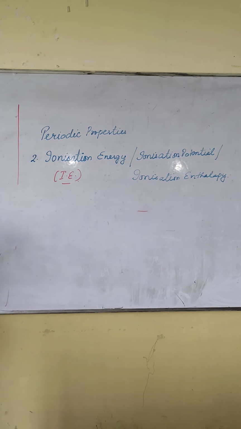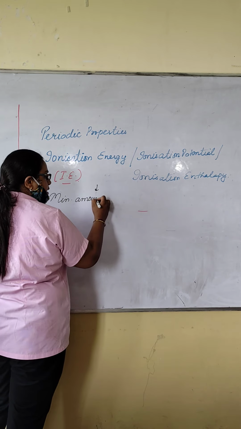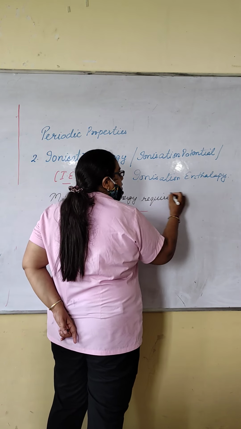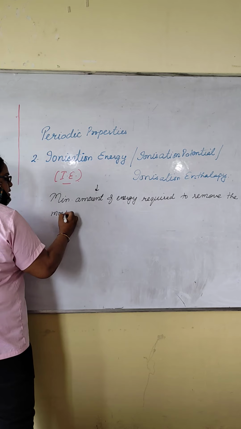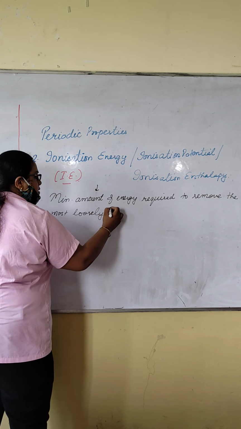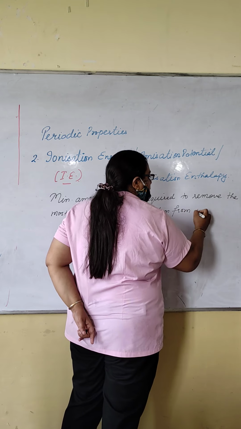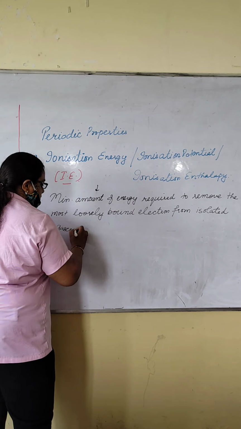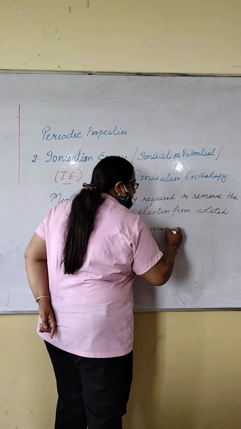It is the minimum amount of energy required to remove the most loosely bound electron from an isolated gaseous atom to form a gaseous cation.